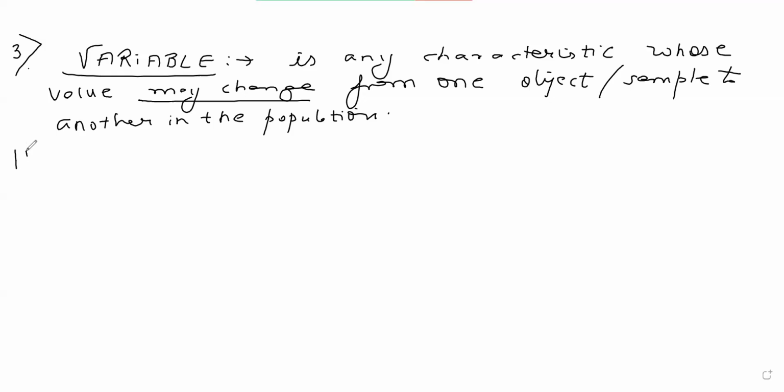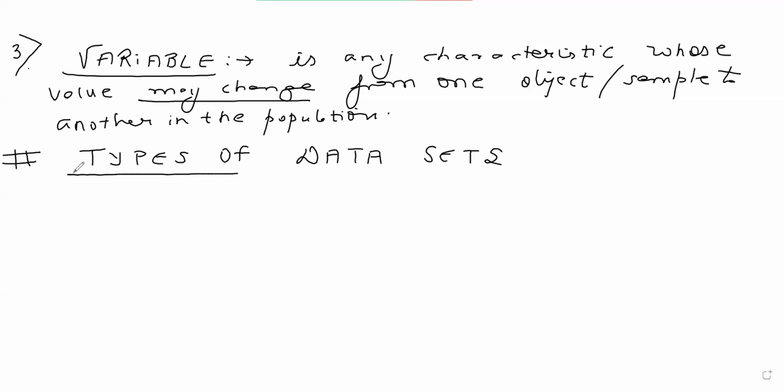Okay, then let's quickly dig deeper into the types of data sets. In statistics, we deal with a lot of data. We collect it, we organize it, we present it, we interpret it. Okay, we form conclusions about it. So now when we talk about data sets, what are the kind of data sets we have? So I can classify them on the basis of the following.